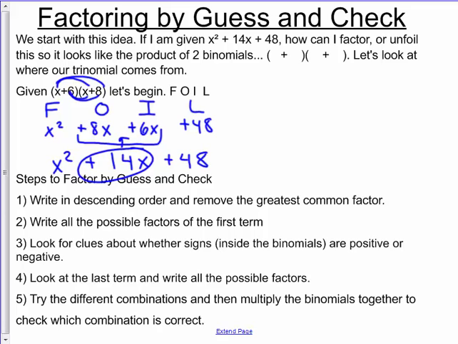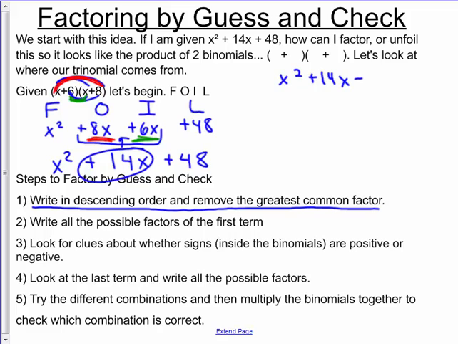So 8x was from the outside ones, 8 and x. And the inside terms gave a 6x, from 6 and x. So when we do our factoring, we're going to use those ideas to guess and check our way to the answer.